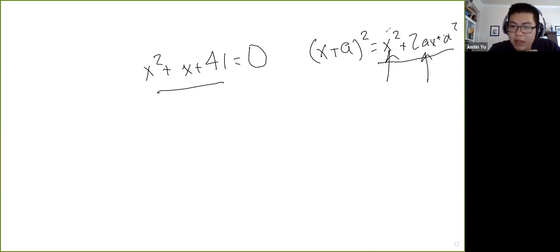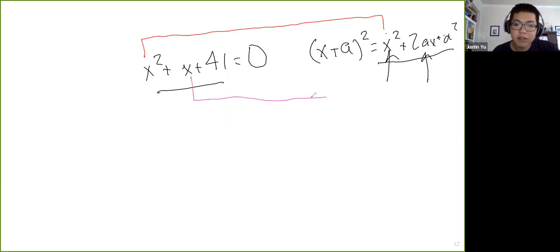What we want is these coefficients to match up, which they already do. And we also want these coefficients to match up. So what value of a will allow us to achieve this?